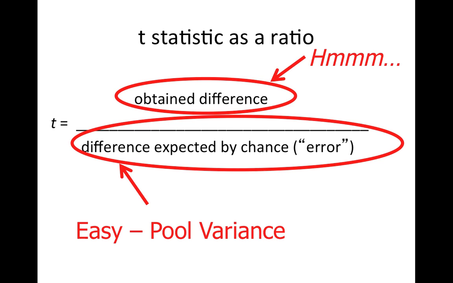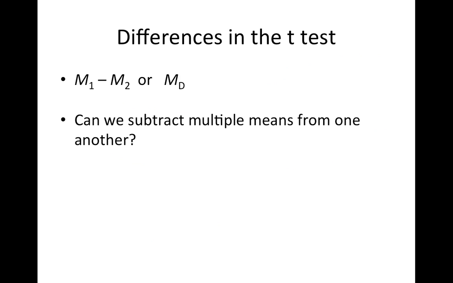Now, the top term is a little bit more trouble. In the t-test, we calculate it as the difference between the obtained means or the mean difference. Is there some way to subtract multiple means from one another? Do we take the first mean and subtract the second, subtract the third, subtract the fourth? What do we expect to happen?